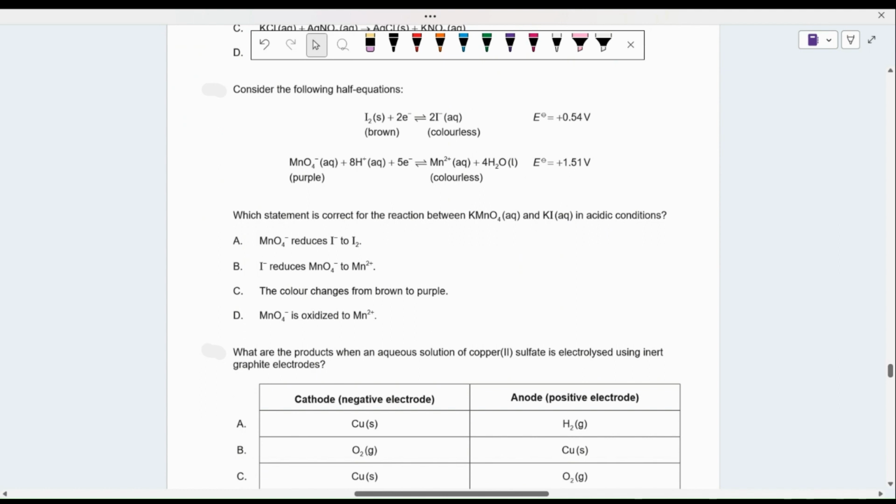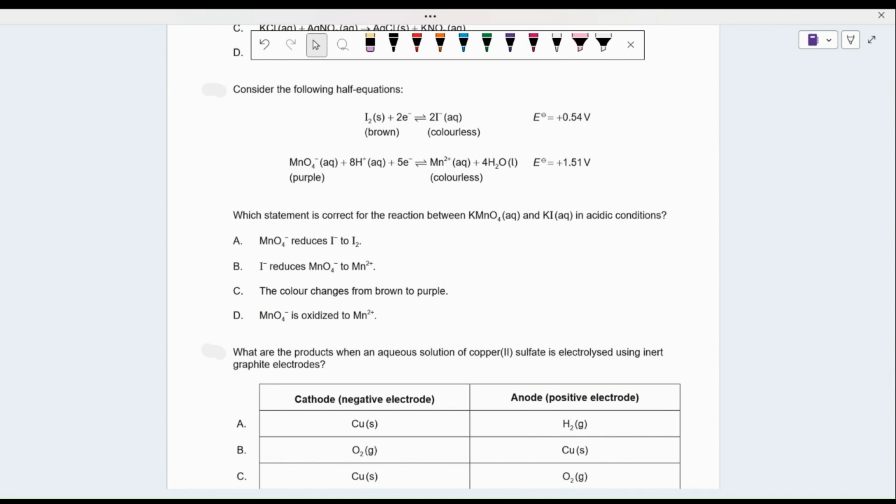Next one, consider the following half equations. Which statement is correct for the reaction between these two in acidic conditions? Okay, so they're both plus. We know that one of them needs to be a minus. I don't remember which one we need to turn. It doesn't matter, because what we know is that an E cell must be positive.